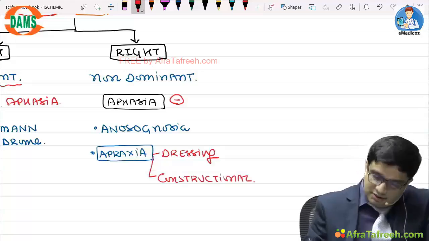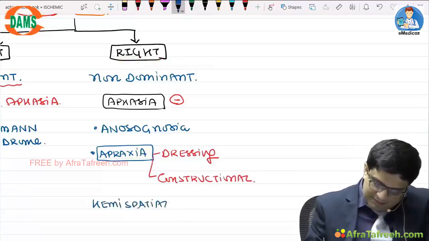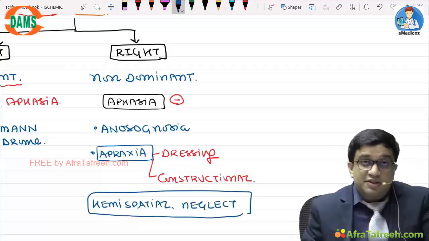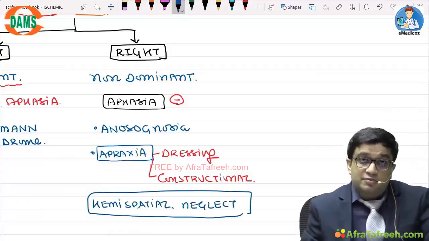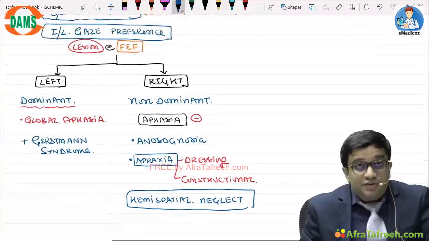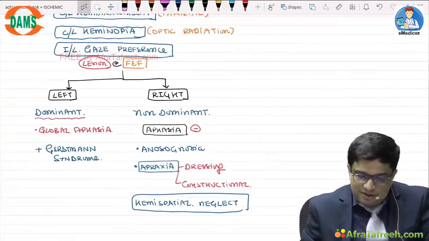And then third, we'll have in these patients hemispatial neglect. So these are the three things that you'll come across if the lesion is in the right angular gyrus, because that's supplied by the MCA. Right to left confusion should not be there. So remember this topic, MCA involvement.